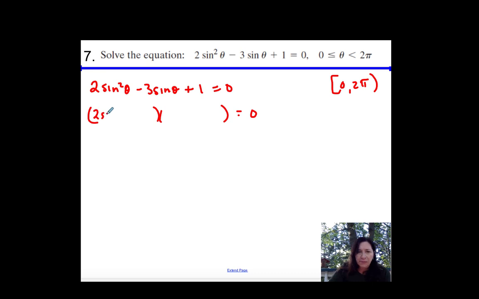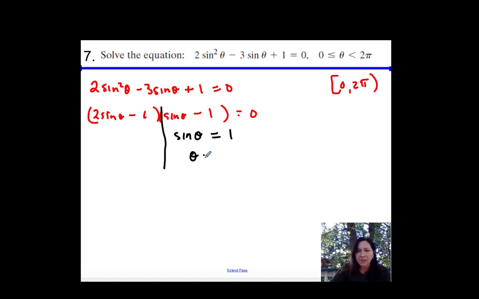This will be 2 sine theta times sine theta is going to be 2 sine squared of theta. To get positive 1 here, but this is going to add up to be negative, they're both negative. And so this is negative 1 and negative 2 makes negative 3. I'm going to split both of these up. This says sine of theta minus 1 equals 0, so sine of theta equals 1.